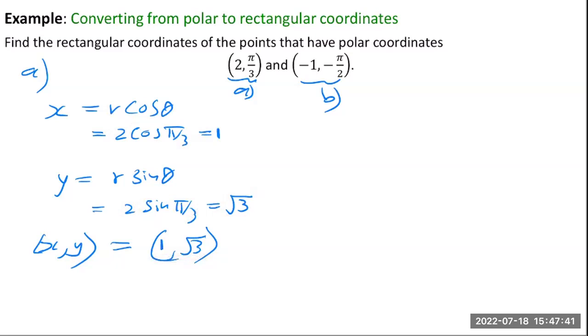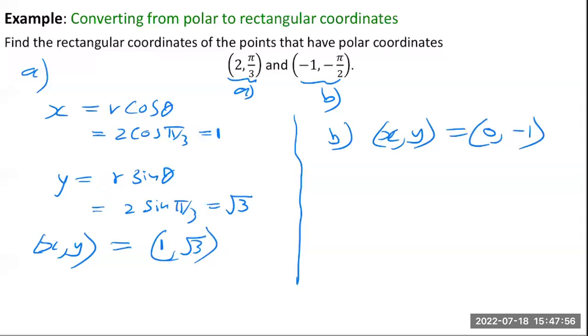Okay. Similarly, you can calculate the other coordinate pair for the next part. I'll let you justify that, x comma y should be equal to 0 comma minus 1 in that example. Okay, please make sure that you justify it. Okay, let's move on.